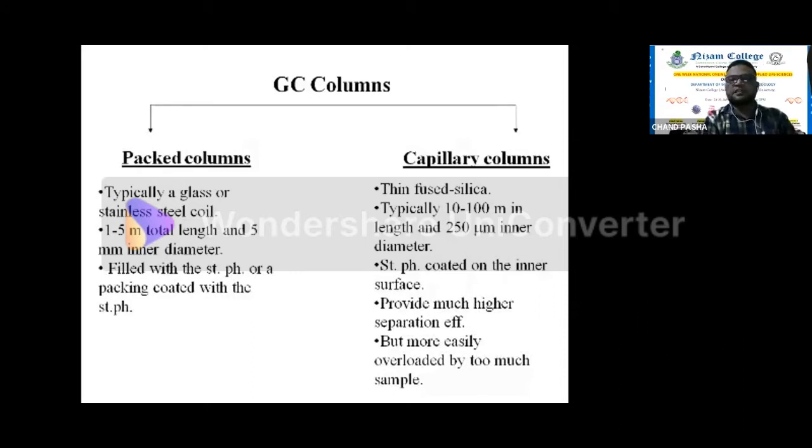Larger samples can be loaded in packed columns, whereas capillary columns take very little sample and are used for analytical purposes only. In some cases, whenever you are looking for recovery, we can go for the packed columns. Capillary columns are typically 10 to 100 meters in length and 250 microns inner diameter.